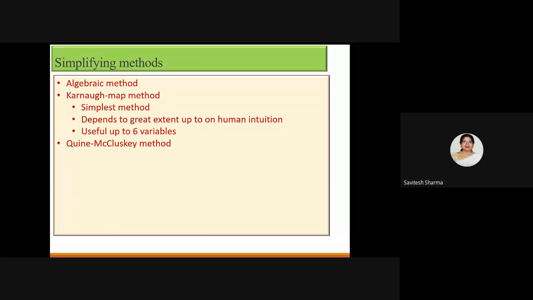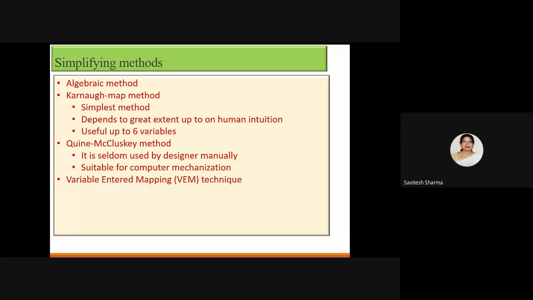Another method is the Quine-McCluskey method. We can do it manually, but it is very useful if you want to simplify a larger circuit, since you can do computer mechanization. Another method is the variable entered mapping method, the VEM.